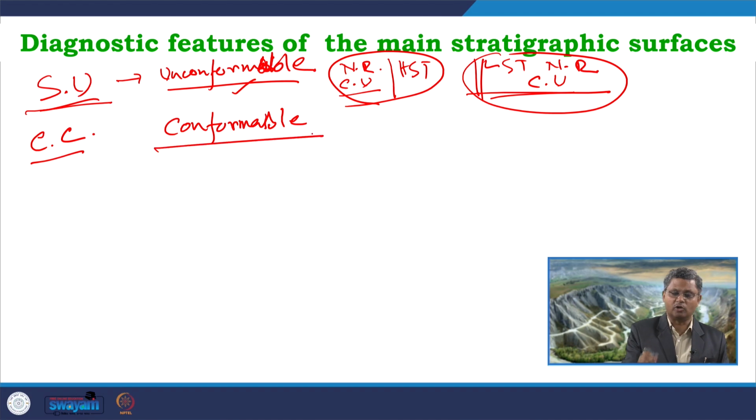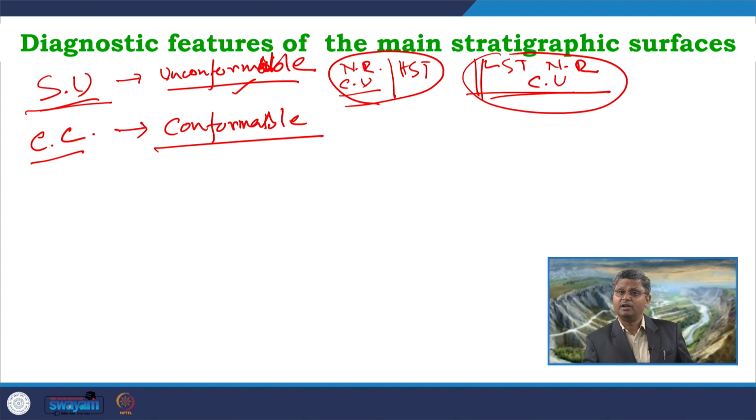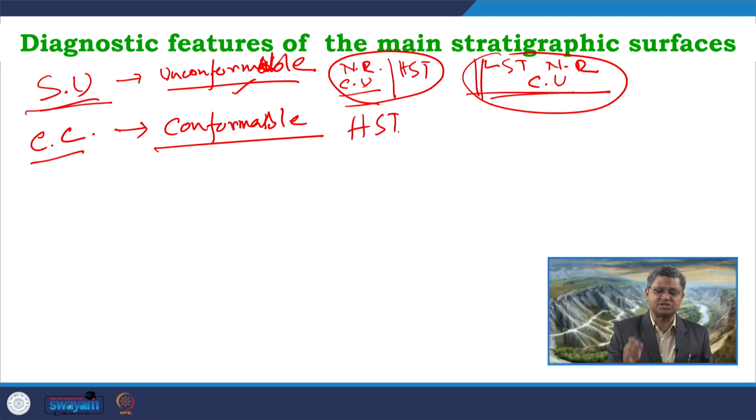Is a conformable contact. So, correlative conformity, it is forming in the deeper part of the basin, erosion is not associated with it. So, we can expect a very clear cut HST to be formed over there just below this, and this HST will be followed by FSST, the falling stage systems tract.